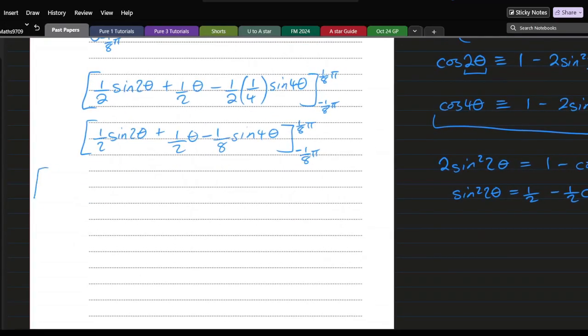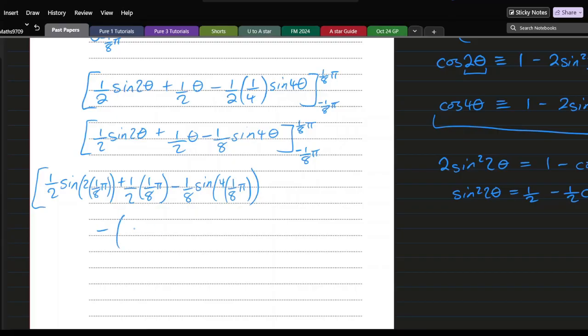So we'll start with our upper limit. So that is half sine 2 times 1 over 8 pi plus half times 1 over 8 pi minus 1 over 8 sine 4 times 1 over 8 pi. Okay, it looks like we're going to run out of space, so I'll put the lower limit here.